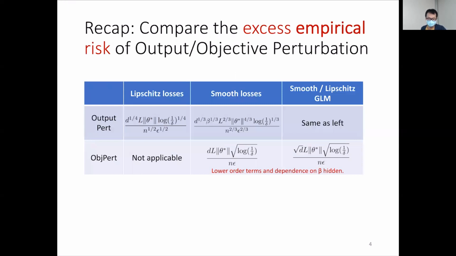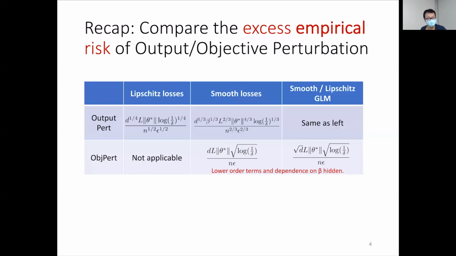For the output perturbation and objective perturbation, these are some of the early works in differentially private empirical risk minimization in the convex setting. When we make an assumption about the loss function being just Lipschitz, then objective perturbation is no longer applicable because we're not able to make use of that Jacobian argument for the change of variable.